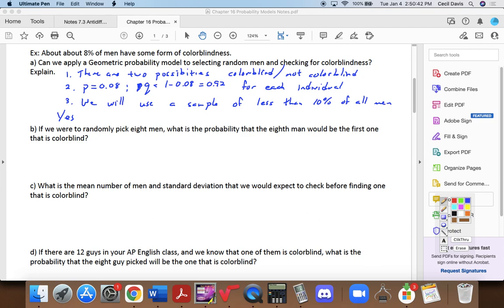All right, so now we're going to randomly pick 8 men, way less than 10% of all men. You're a man. I choose you. What is the probability that the 8th man would be the first one that is colorblind?